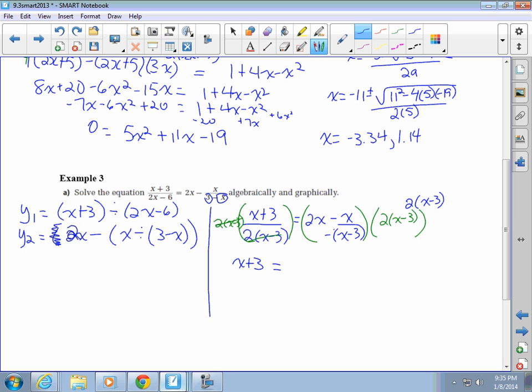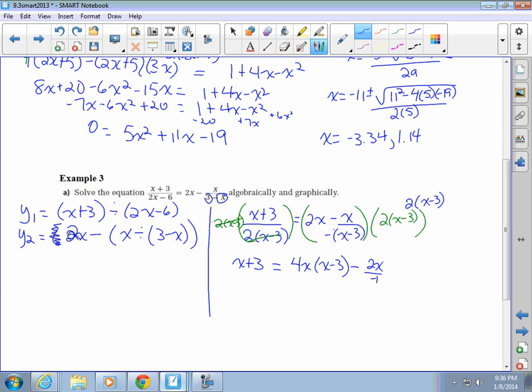On this side, I have 2x times 2, so that's going to be 4x times x minus 3. And on this side, my x minus 3 will cancel with my x minus 3, and I'm left with the 2 and the negative. So I'm going to have a negative 2x over, if you want to leave it as negative 1.